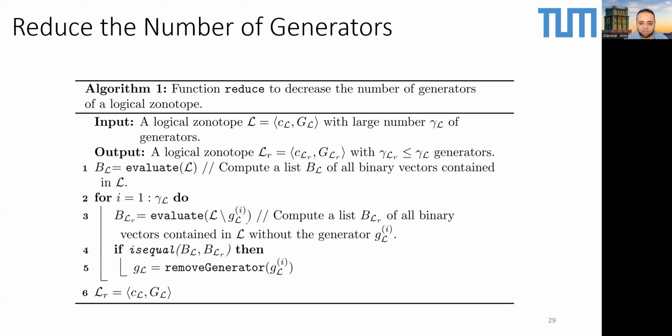This is still a complex operation, but you can do this offline to build the most efficient representation before starting your operation. If the points are the same, you can safely remove the generator.